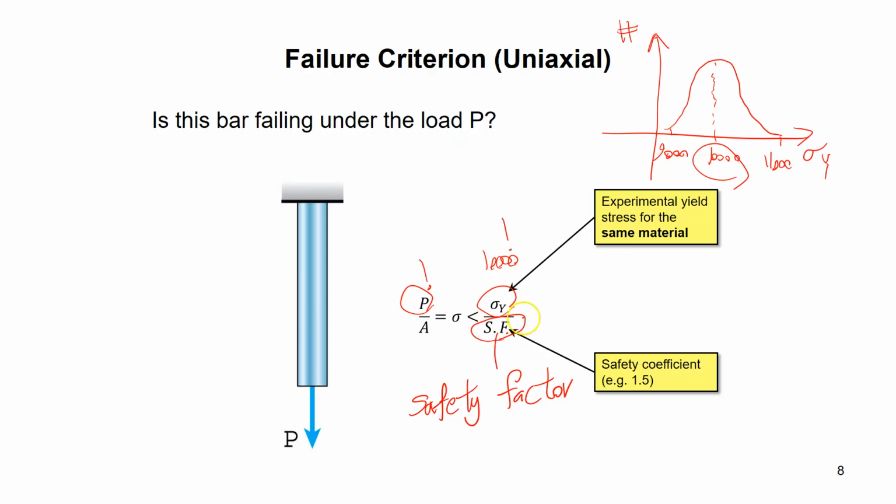Now, of course, when the safety factor goes up, in order to keep this inequality that P over A is less than sigma y over SF, you also need to make what? The force P is fixed, assuming that it is fixed, and the material is also fixed. So you have chosen your material, the loading is fixed, you just make the safety factor bigger. What does it imply for the cross section?